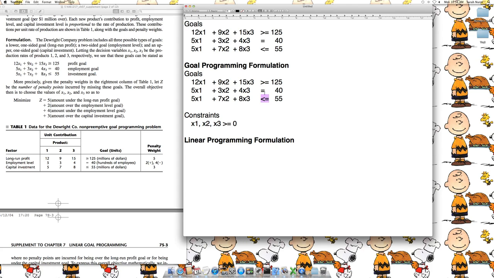So maybe I can't satisfy both of those, but I want to capture how much I can satisfy. Would I be happy with meeting this at 126? Or 124, and then the others are met exactly. So I want to capture essentially how much I deviate. So it's going to be a minimization problem.